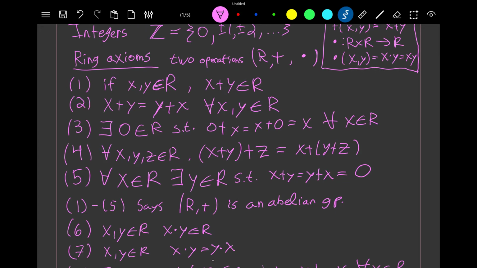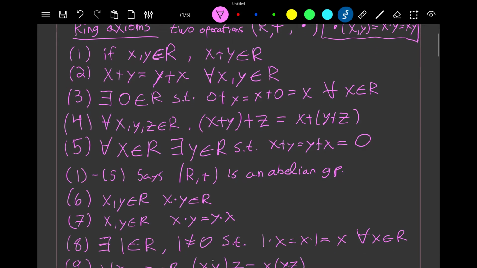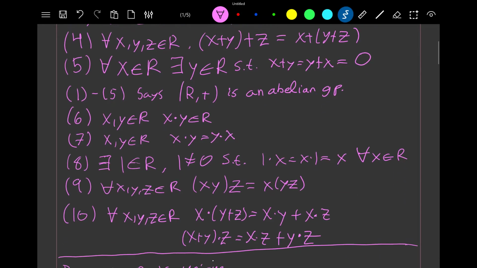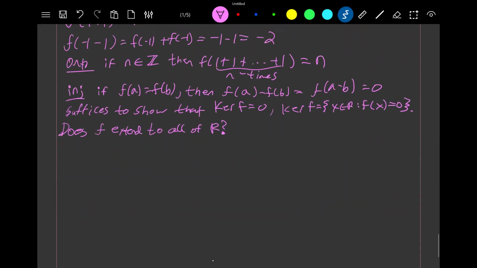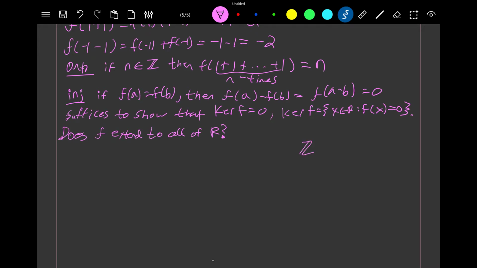So I defined the ring axioms up here, and this won't work, because what we could do is take z squared, right?